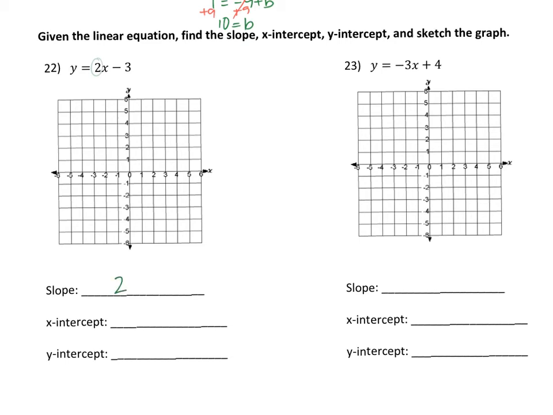And then my y-intercept, I can already tell right there, that's my y-intercept, and it's at -3. So that's going to hit it right here on the y-axis. And so if I look at that y-intercept, I notice that coordinate is 0, -3.